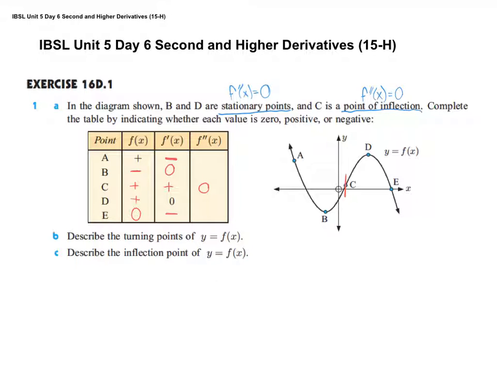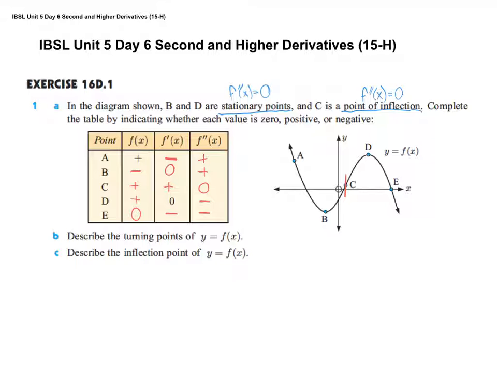Concave up kind of looks like a cup. So that means our second derivative is positive. At A and at B, it's positive. Concave down looks like a frown, so at D and E, our second derivative is negative.